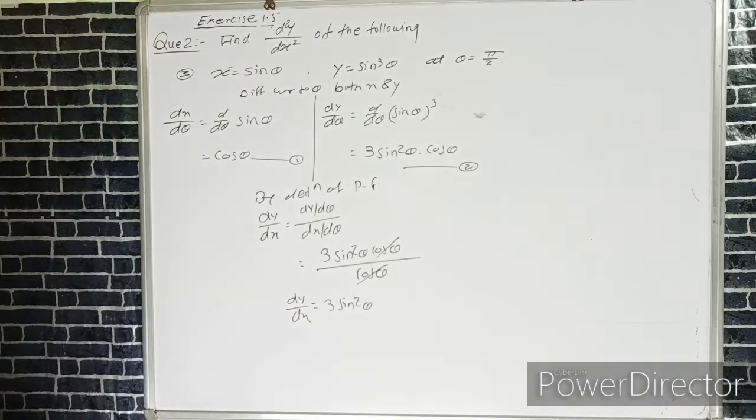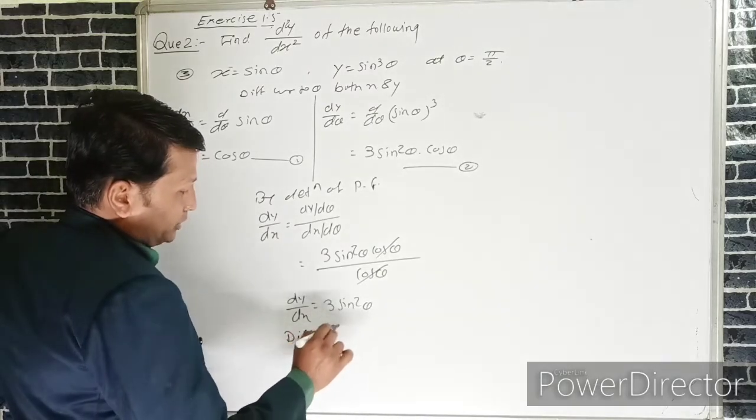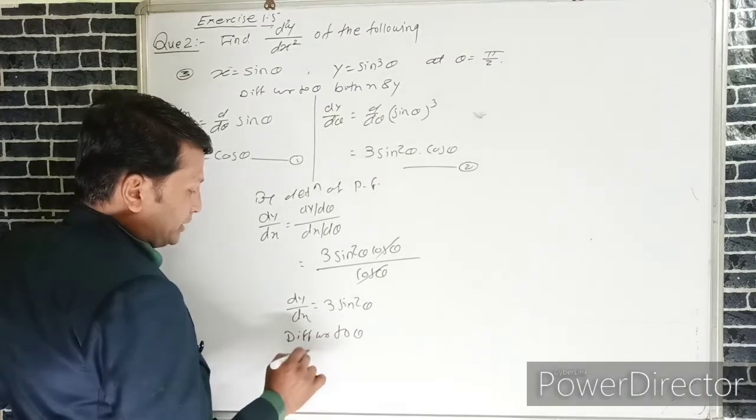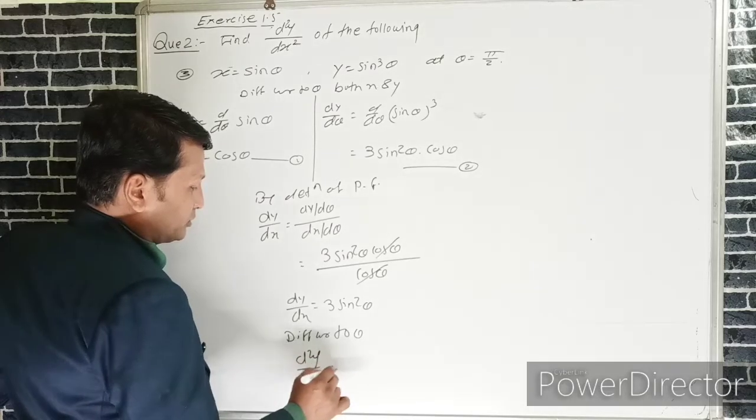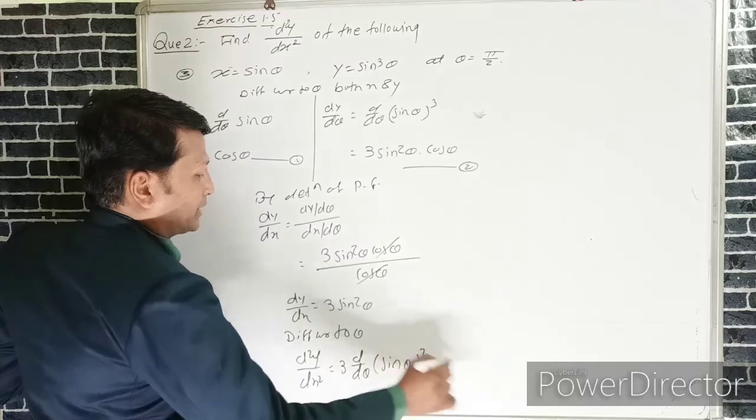But we have to find the second order derivative. If we again differentiate with respect to theta, we can write d2y upon dx square is equal to 3, which is constant, and we take the derivative of (sin theta) whole square.